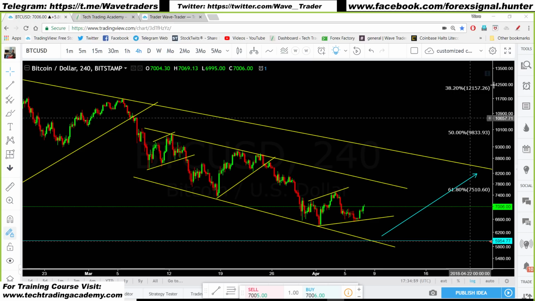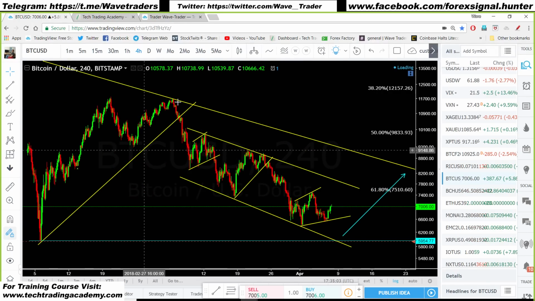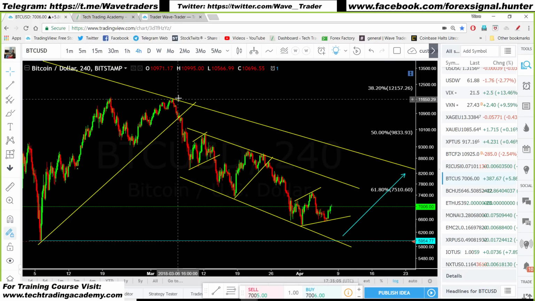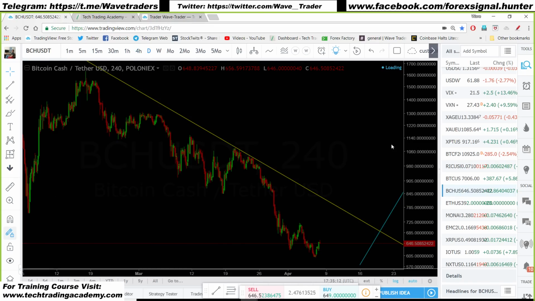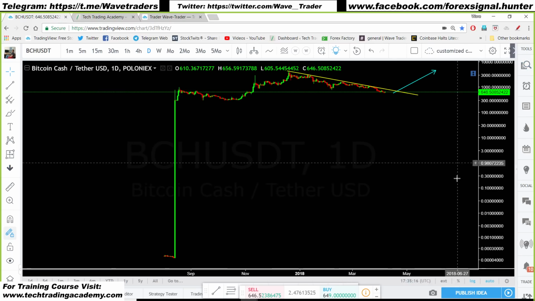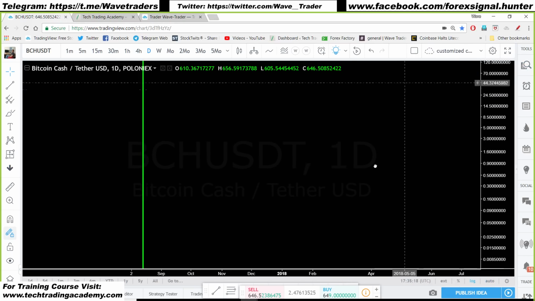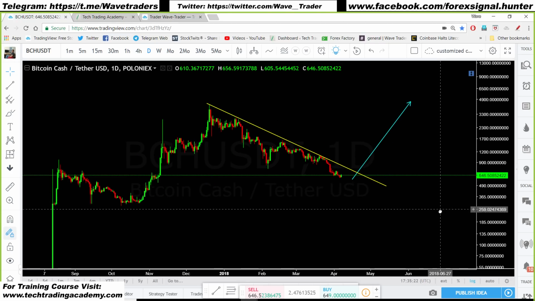It can reverse and can hit the 12,000 areas easily. It can test the 12,000 area easily in the next coming days. So Bitcoin Cash, break up. These coins gonna break up very soon.